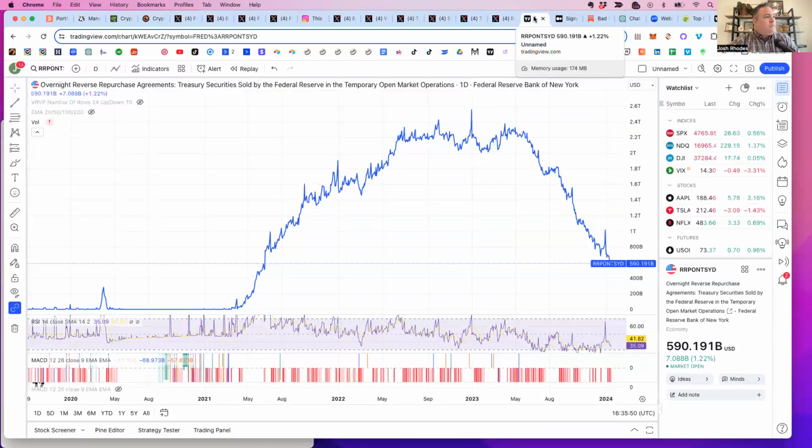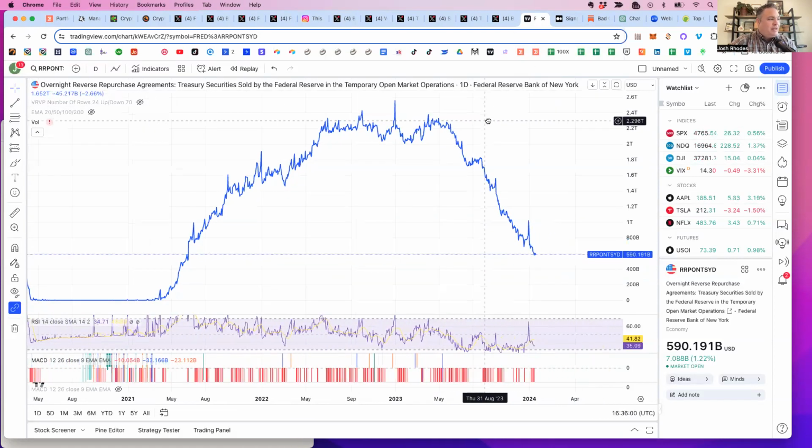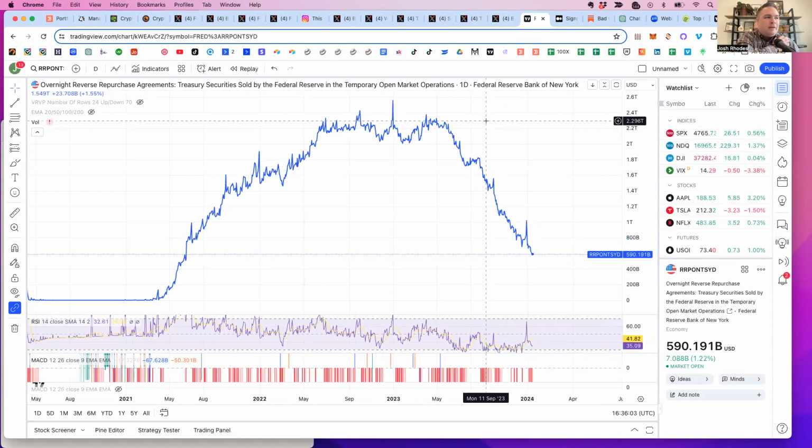This chart right here is the reverse repo chart. If you're unfamiliar with how the government works, this is kind of like the checking account. This is like Janet Yellen's checking account over at the US Treasury.